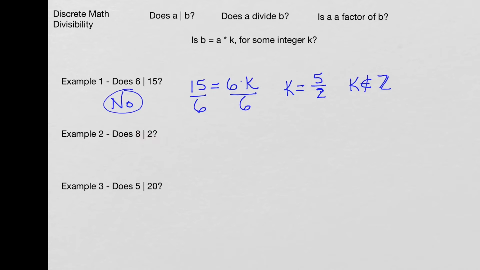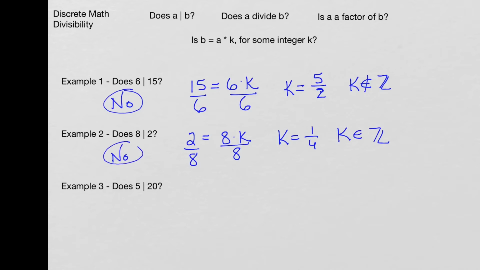But when you set it up as we've been doing, taking 2 and setting that equal to 8 times k, it's obvious that there is no integer k that, when you multiply it by 8, you get the integer 2. So k is equal to 1/4, k is not an integer, and so this is also a no.